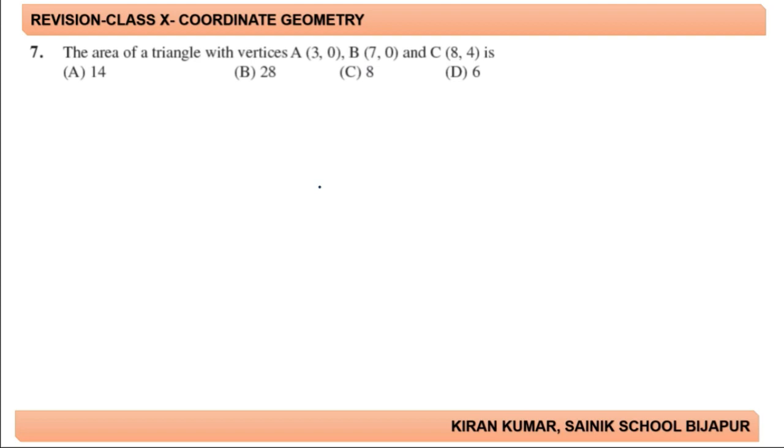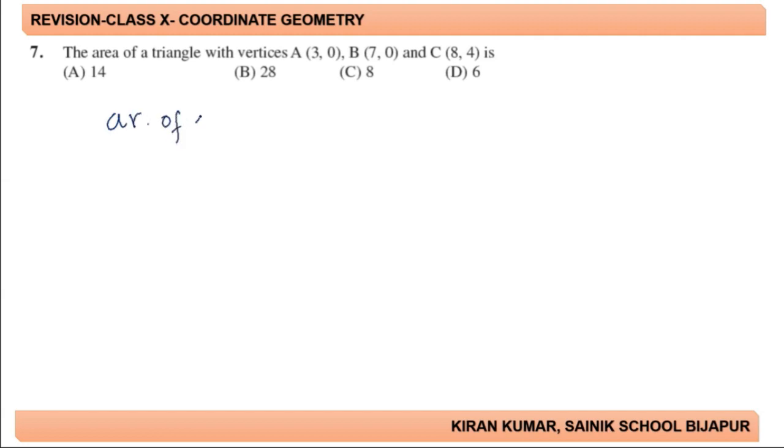The area of a triangle with vertices A (3, 0), B (7, 0), C (8, 4) is. We have learned a formula to find the area of a triangle.